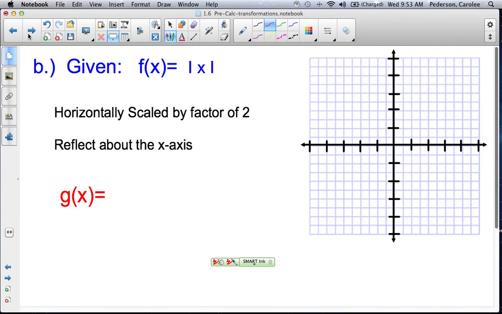Okay, next example. The parent function is in the blue. What is the shape of that parent function? What does that shape look like? The absolute value of x. We call that what shape? The V. So the critical point is 0, 0.